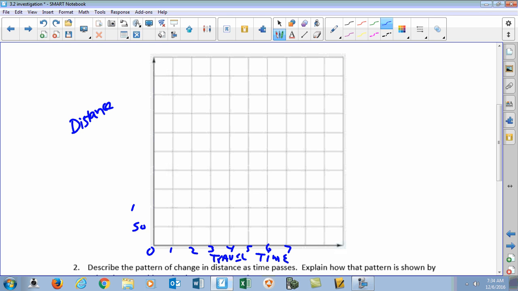And we'll just go up here by 50s. So obviously if we don't go anywhere, we don't have any speed, and then we're here. And you should notice something.